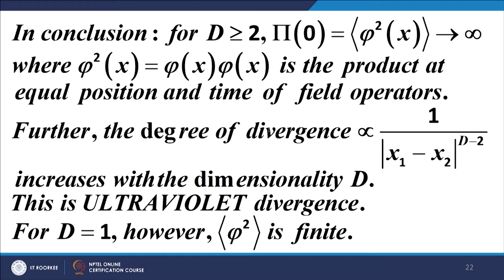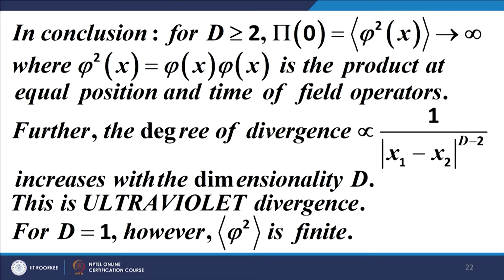The expected value of phi squared x is phi x into phi x, both of them being at the same space time point, the product of equal position and equal time field operators, and this expected value tends to diverge for dimensions greater than or equal to 2. The degree of divergence increases with the dimensionality. This is ultraviolet divergence, and for d equal to 2 we have infrared divergence, but the divergences nonetheless manifest themselves.